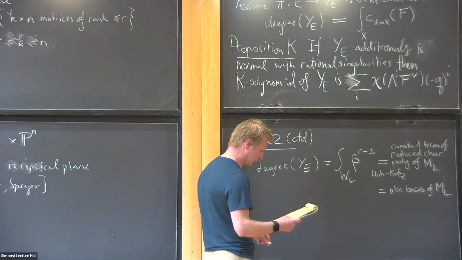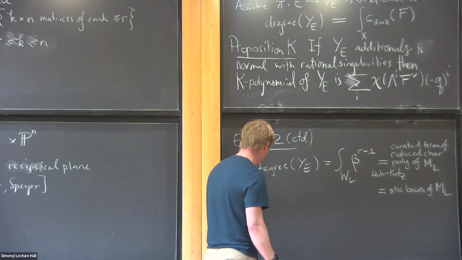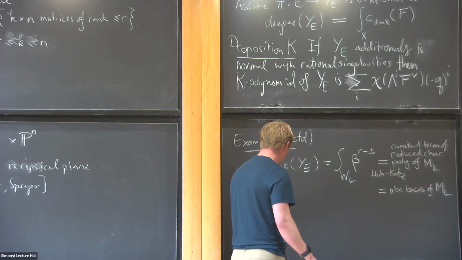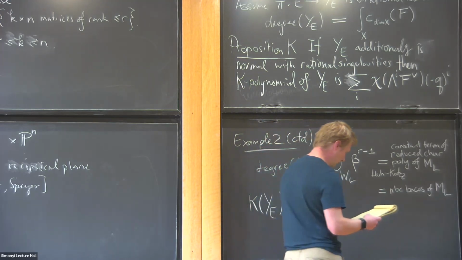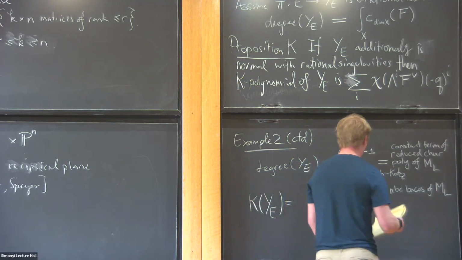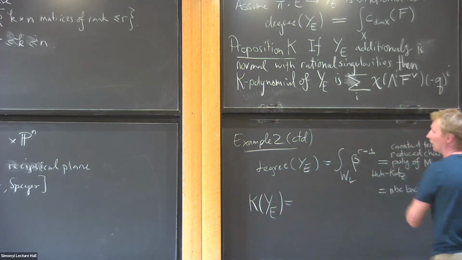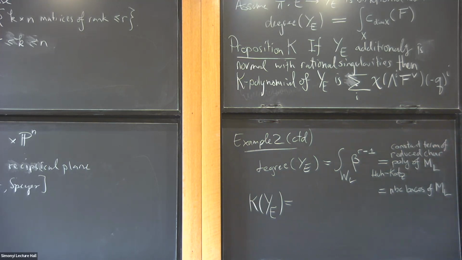And then we can also give a formula for what the K polynomial is. So the K polynomial is going to be, okay, so what you need to do is compute this sum of Euler characteristics. And so how do you do that?